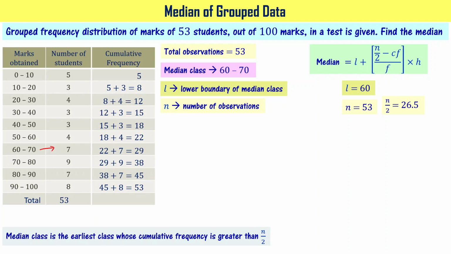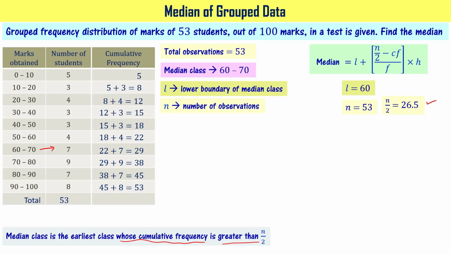Here, we have seen earlier, since it is an even number, we said that it is going to be n plus 1. Sorry, it is an odd number. That's why it is going to be the (n plus 1) divided by 2th observation. In other words, you can make use of this definition, which says that the median class is the earliest class whose cumulative frequency is greater than n by 2. N by 2 is 26.5, right?